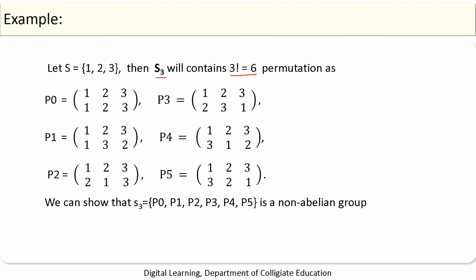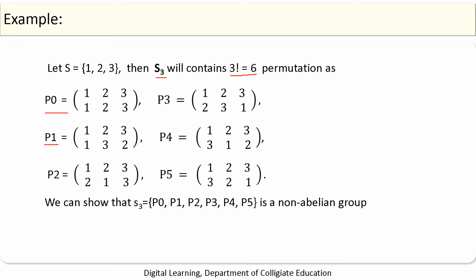So let us see how to write the possible permutations of S. P naught is the identity permutation: 1 is mapped onto 1 itself, 2 is mapped onto 2, 3 is mapped onto 3.